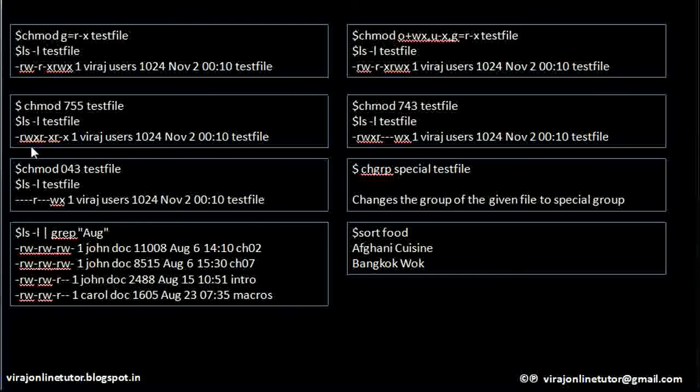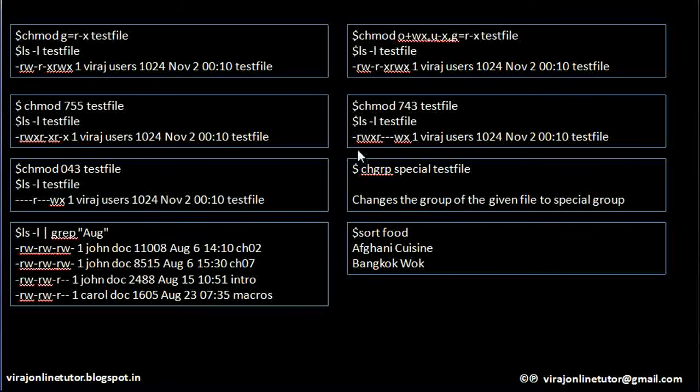That means the owner of the file has read, write, execute. The group to which the owner belongs has read and execute, and any other user on the Linux file system has read and execute permissions to this file. Clear?